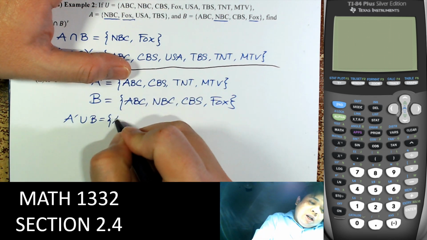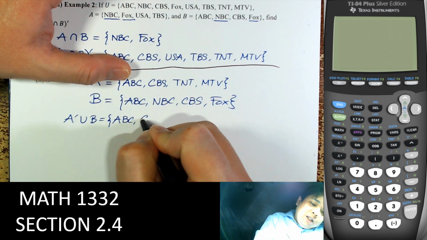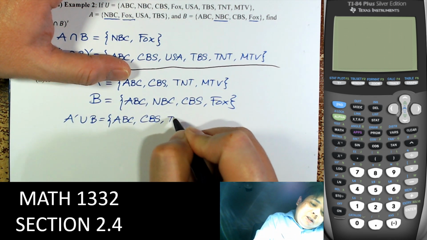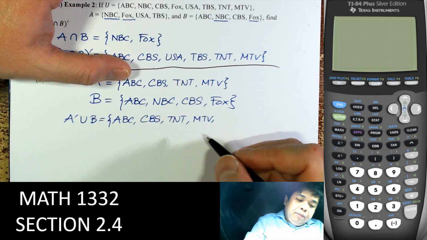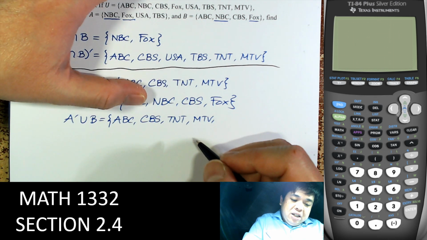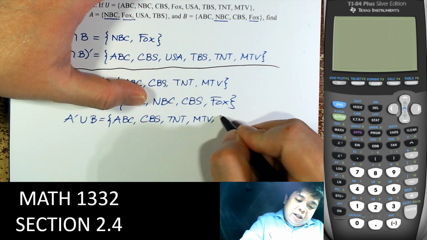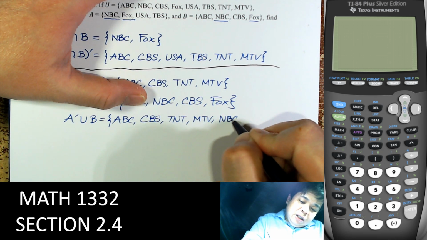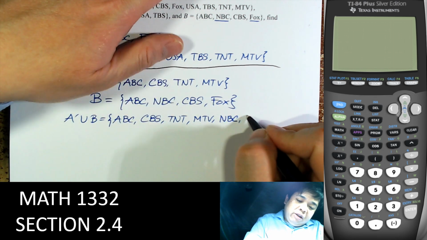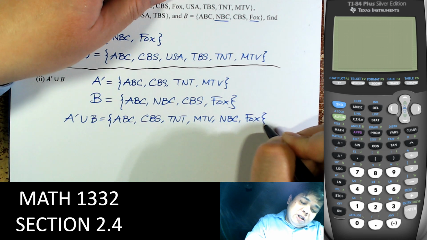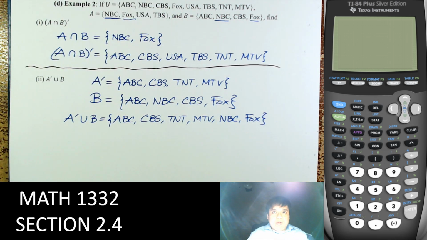So I'm just going to write what is in A complement or in B. ABC already have, and NBC. CBS already have. Don't have Fox. Yeah, so just straightforward like that.